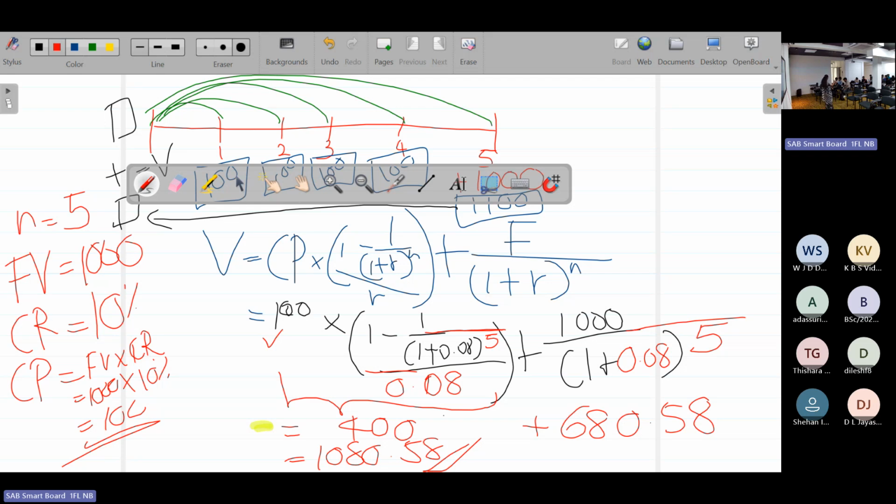Coupon payment should be divided by 2, R should be divided by 2, N should be multiplied by 2. Since we are getting interest 2 times, the semi-annual coupon payment needs to be considered.